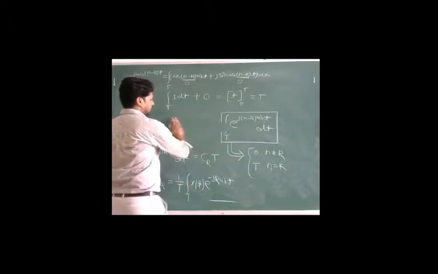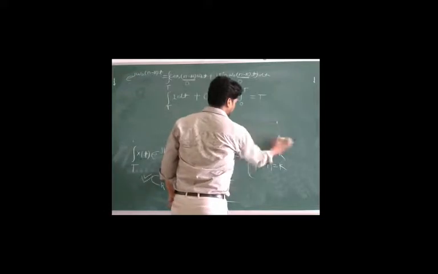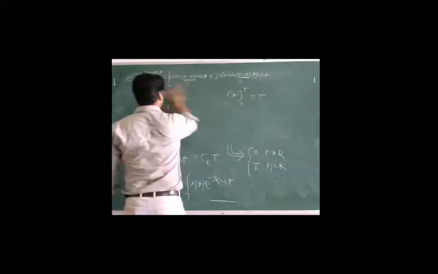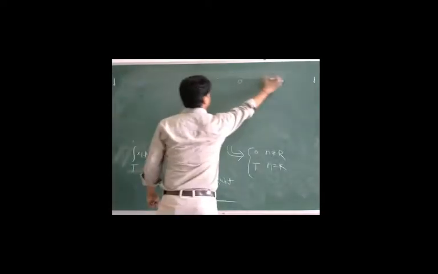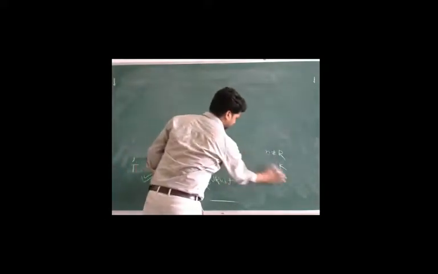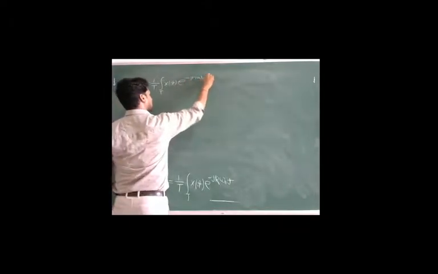So the formula for the determination of the Fourier coefficient will become Cn is equal to 1 by T, integration over one time period of x(t) e to the power minus j n omega naught t dt.